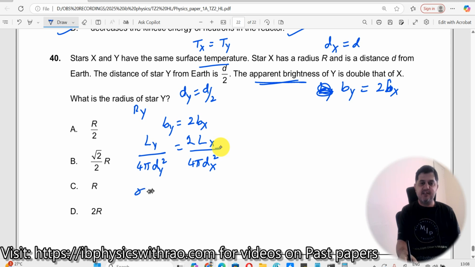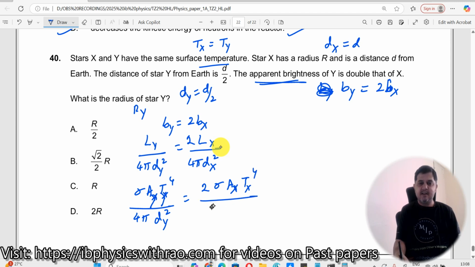This should be sigma AY TY to the power of 4 divided by 4 pi dY square is equal to 2 times sigma AX TX to the power of 4 divided by 4 pi dX square.